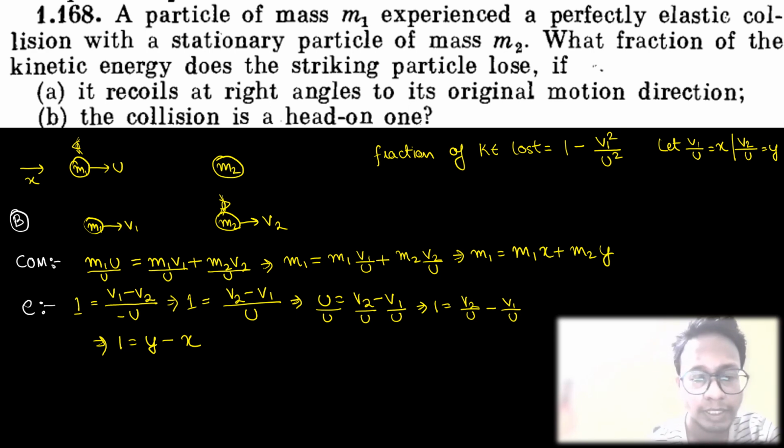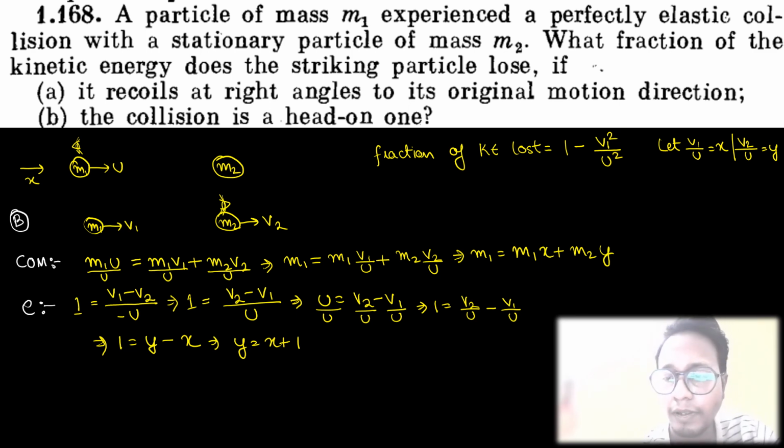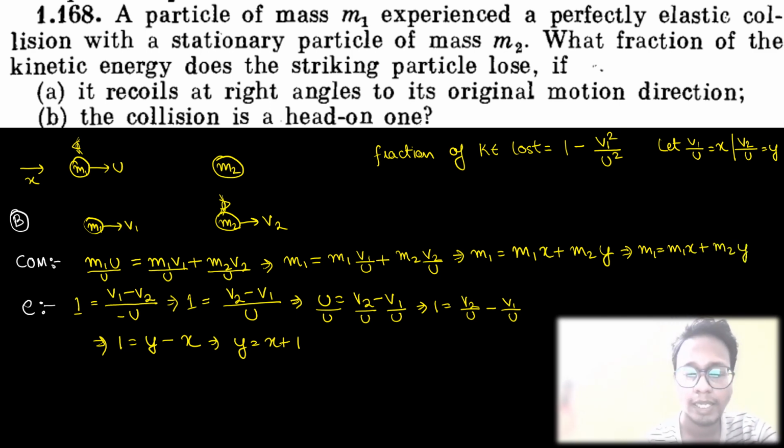From this equation, can I get y is equals to x plus 1? If I send the x to the left hand side. Now can I substitute this y out here? Obviously I can. So m1 is equals to m1x plus m2y, and y has to be substituted by x plus 1, isn't it?